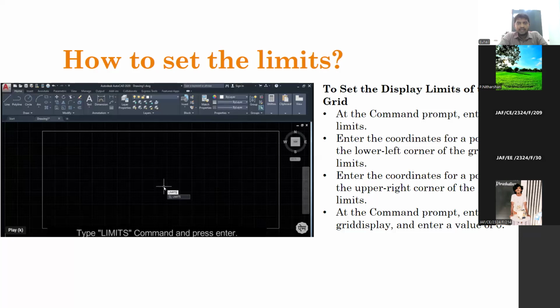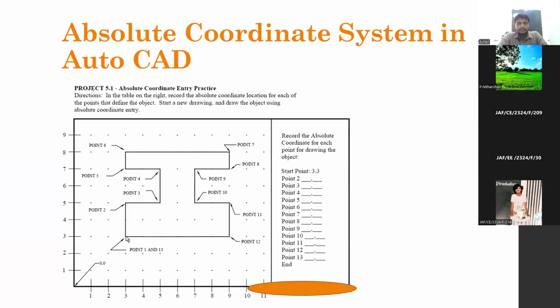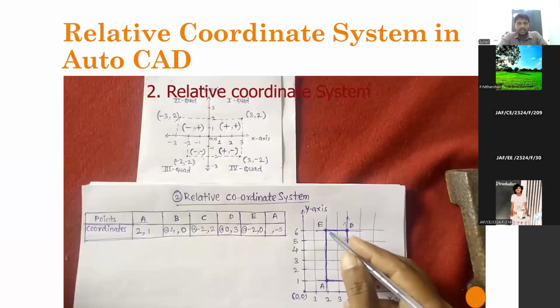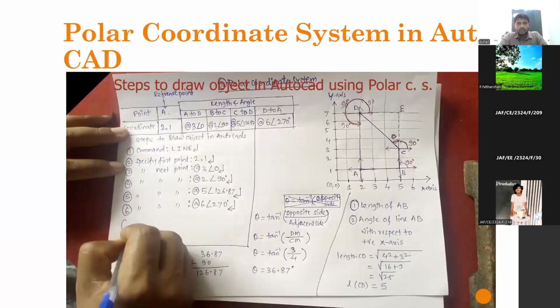Then you have to set the limits after that, by watching your particular exam questions or the particular part of the drawing. Considering that, you have to set the lower limit and also the upper limit. Then there are three ways, and you can combine them also: first the absolute coordinate system, second the relative coordinate system, and third the polar coordinate system.